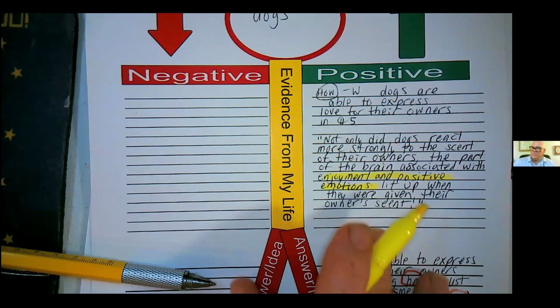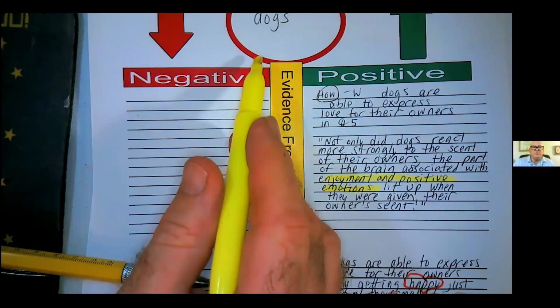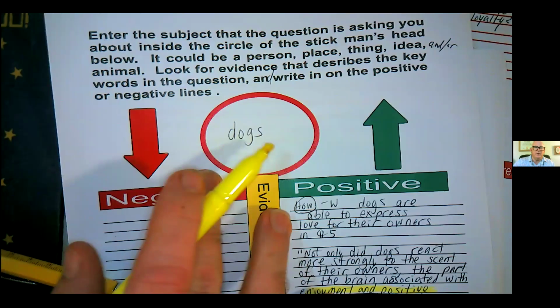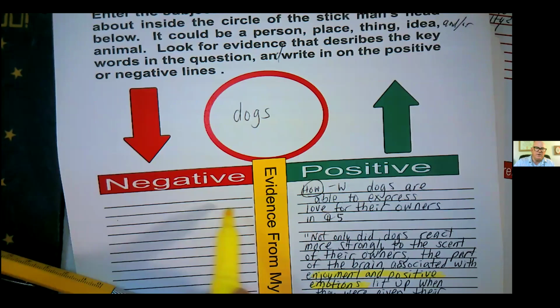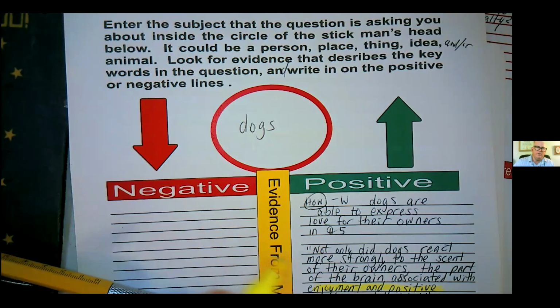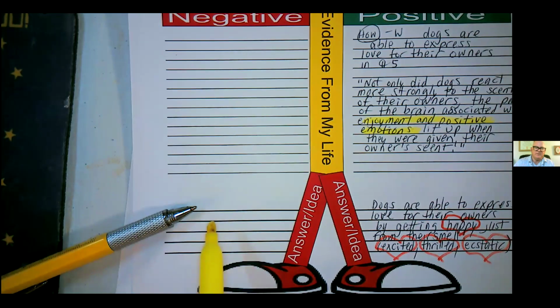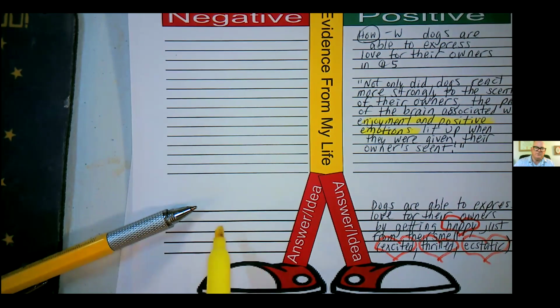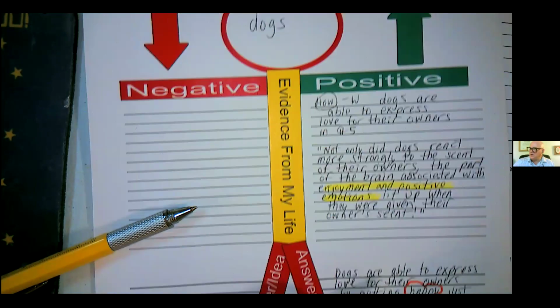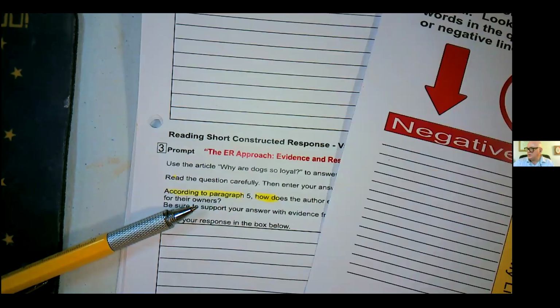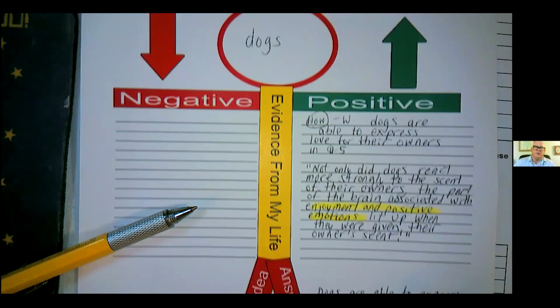If we were talking about negative emotions of a dog or a negative attribute, something about the dog that's negative, we would put it on this side, and then we would have an answer that reflects negativity as well, if that makes sense. So that's how I would do questions 2 and 3.